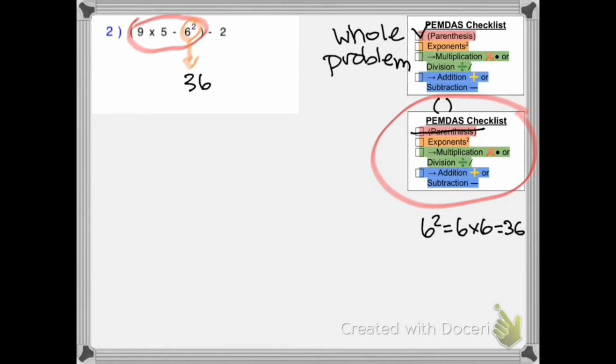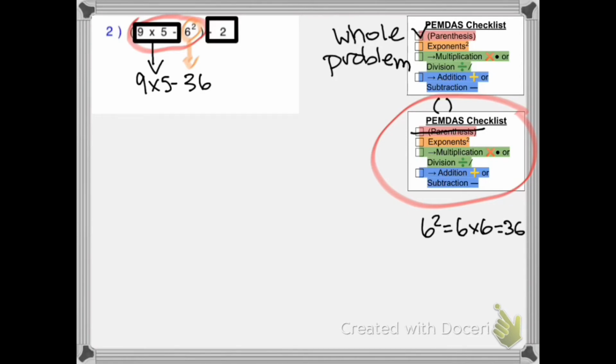And inside that parentheses, remember we could put a box around the part that we're not looking at. We're also not looking at this right now. We're going to rewrite everything that's inside the box, and we're only looking inside the parentheses right now. So we're going to ignore this part for now.